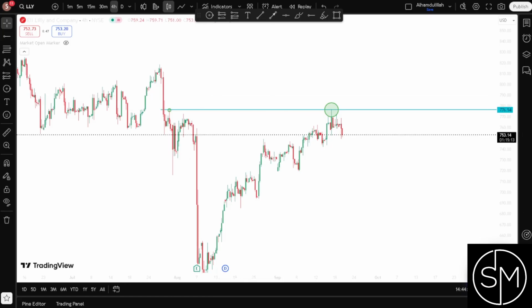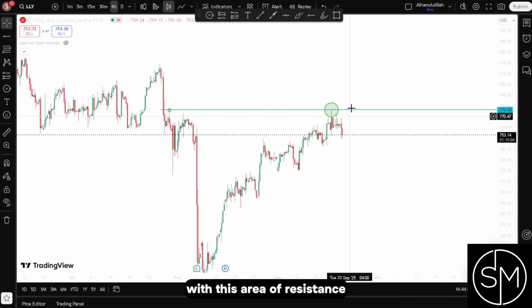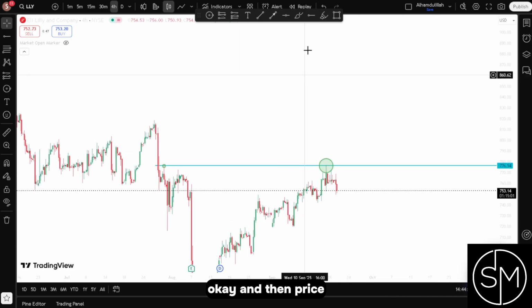What happened? My bad. But yeah, that area of resistance got reacted off of with this area of resistance. And then price, we can see, wants to progress.